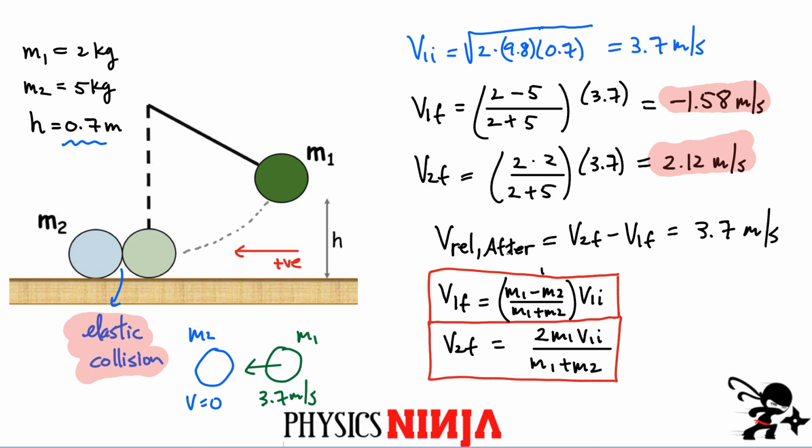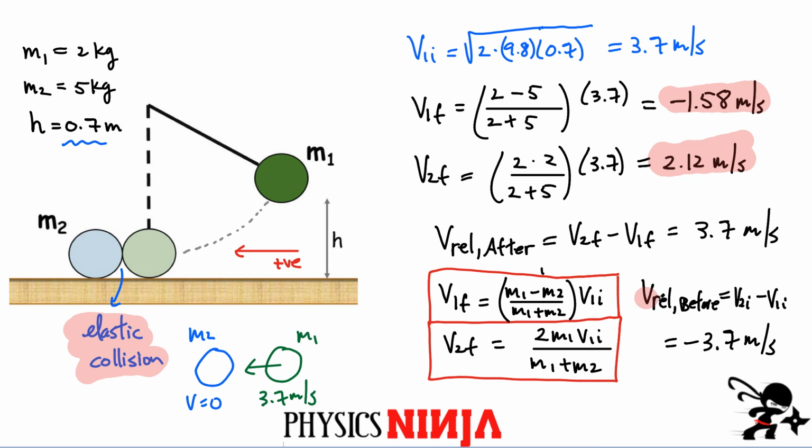Before the collision, the relative velocity, if you define it the same way and keep the same order, would be v2 initial minus v1 initial. V2 initial was 0, so in this case I would get negative 3.7 meters per second. So this is the relative velocity before the collision.